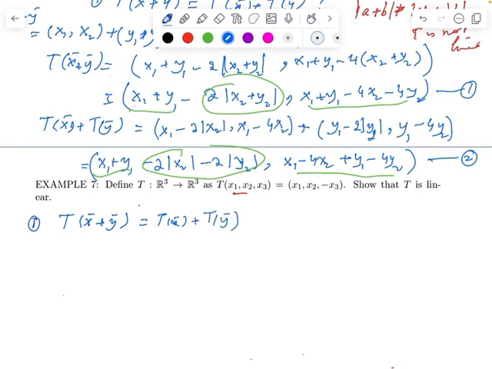So note here again we are using the horizontal vector. So if x and y are known, then x plus y will be x1 plus y1, comma, x2 plus y2, comma x3 plus y3.